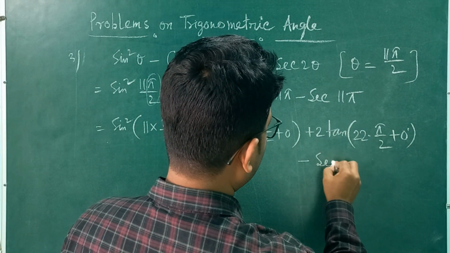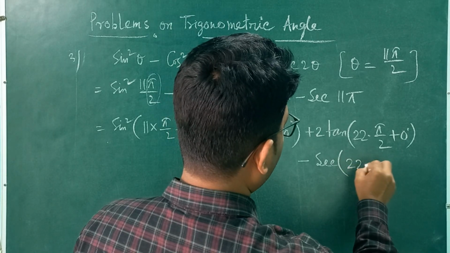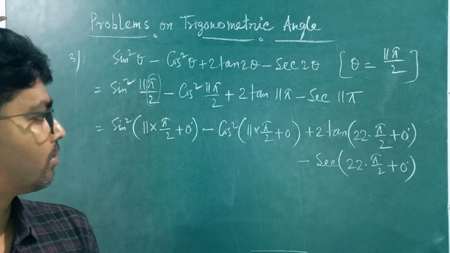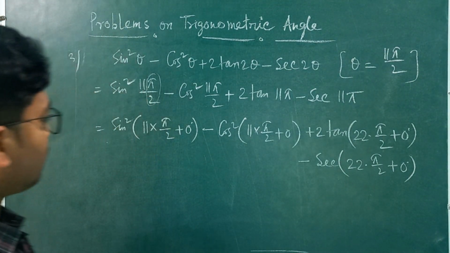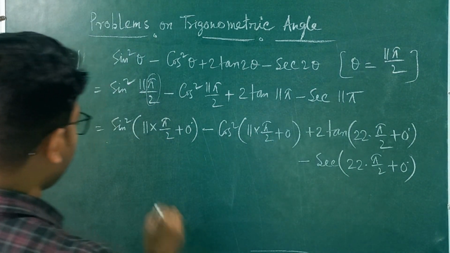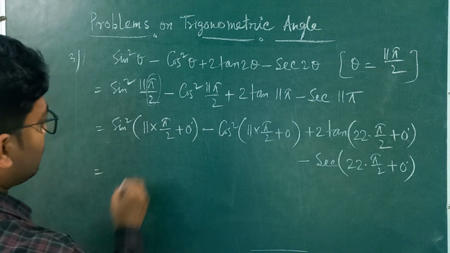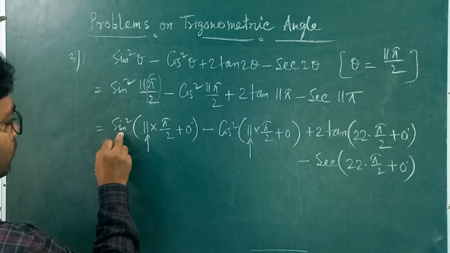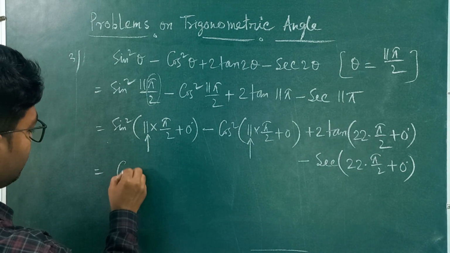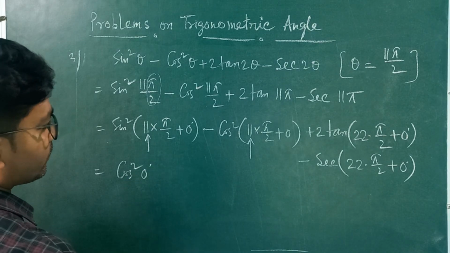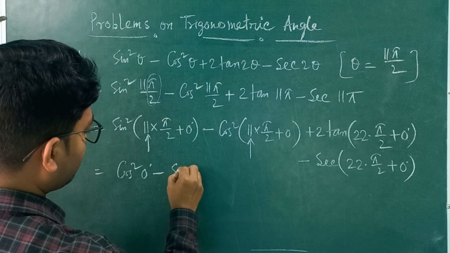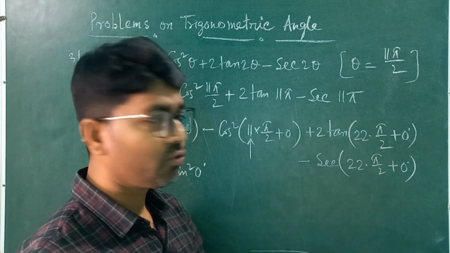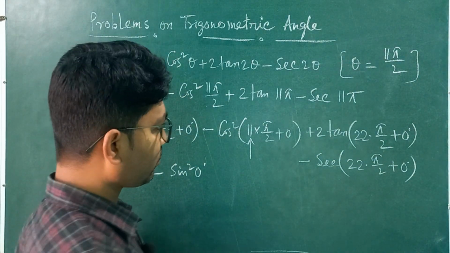This one also sec 22 into pi by 2 plus or minus 0. So clear to everyone? Now for the first two terms we don't have to check the sign, as these are squares, but see these are odd multiples of pi by 2. So the trigonometric ratio will be changed, that is this becomes cos square 0 degree, this becomes sin square 0 degree. Now for these two terms we have to check the all sin tan cos rule.